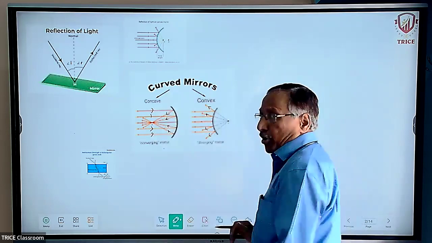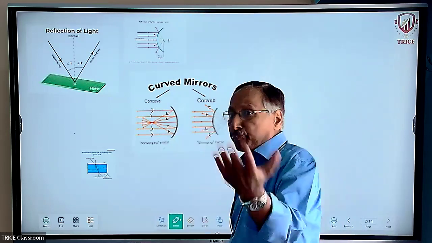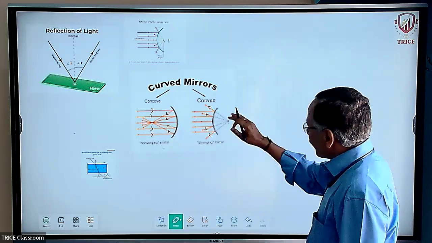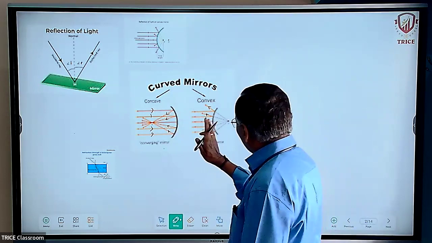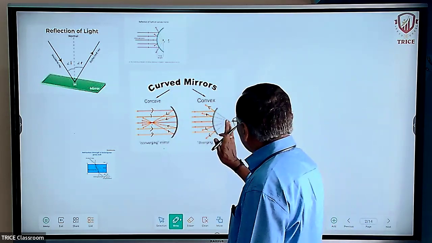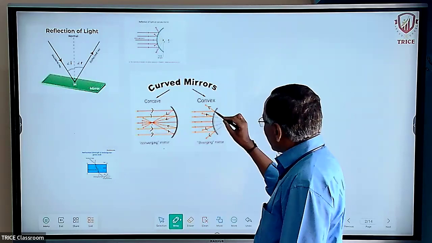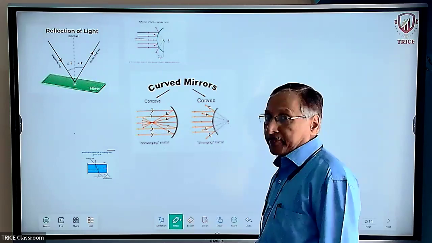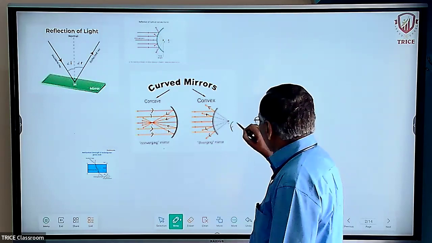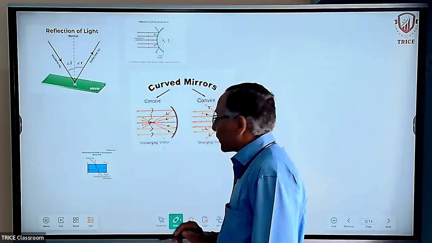In case of a concave mirror, these light rays meet at a point after reflection. In case of a convex mirror, all these light rays travel parallel to the principal axis, get reflected, and when you extend all these reflected rays, they meet at a point behind the mirror, and that forms the principal focus.